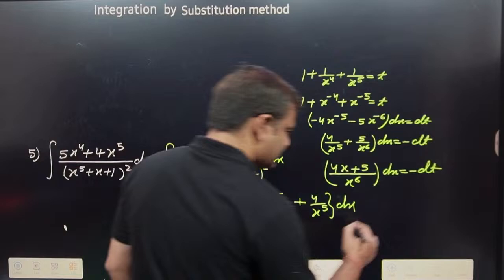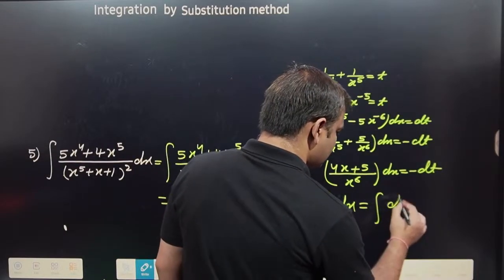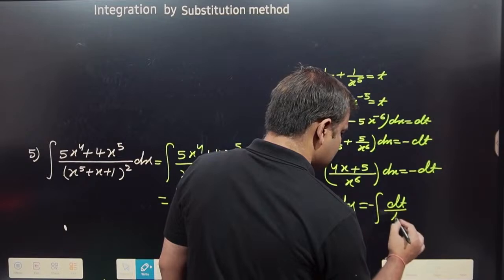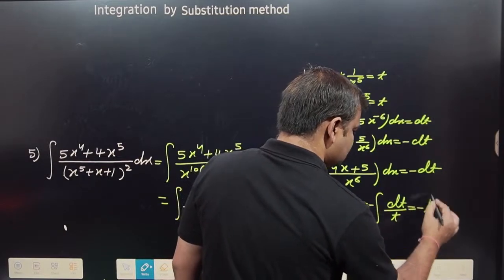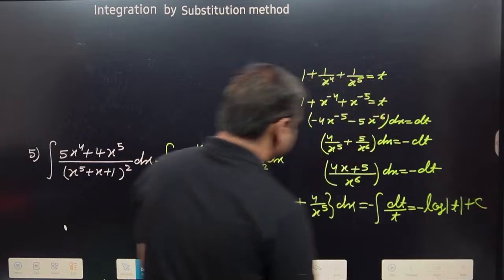So you can say that minus dt divided by t, so that one it is minus log of modulus of t plus c.